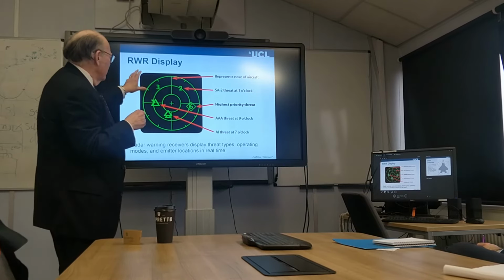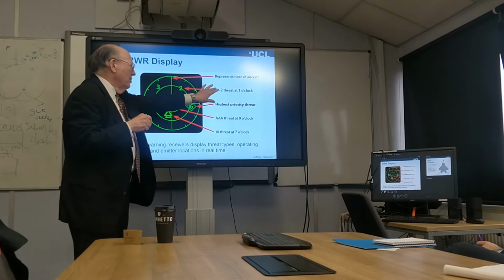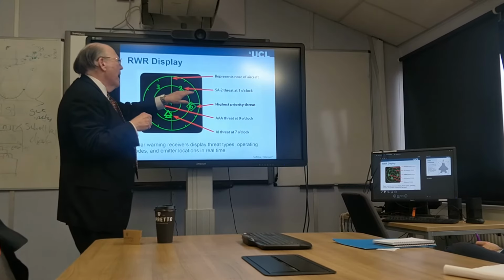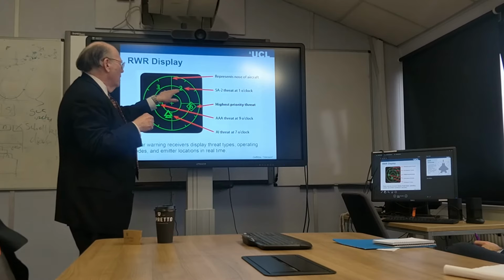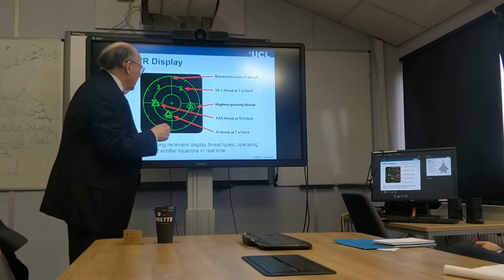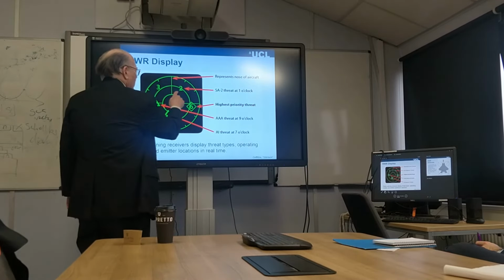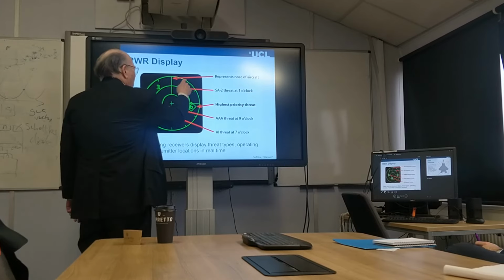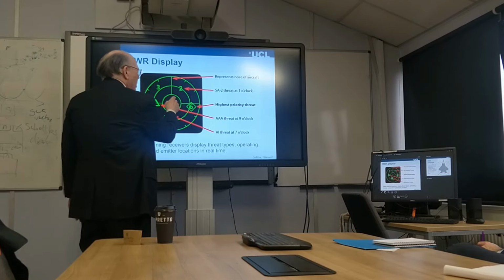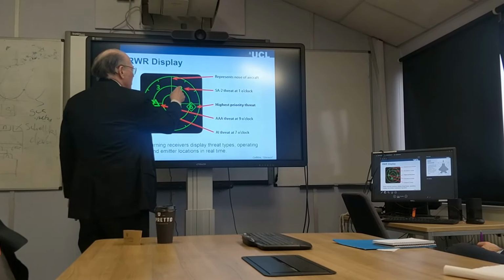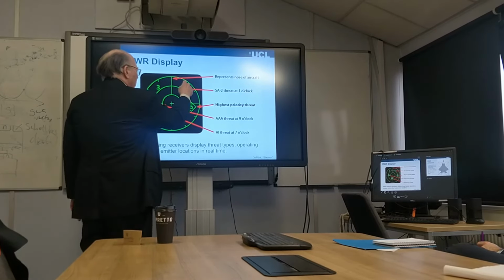And it uses the Russian SAM notation. So here's an SA-2 at 1 o'clock, and the relative strength is indicated by how close it is to the center. If it's a very strong signal, it'll be down here. This is a medium signal. If it's weak, it's out here.